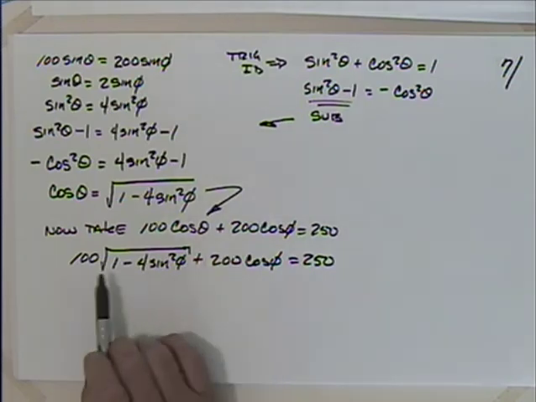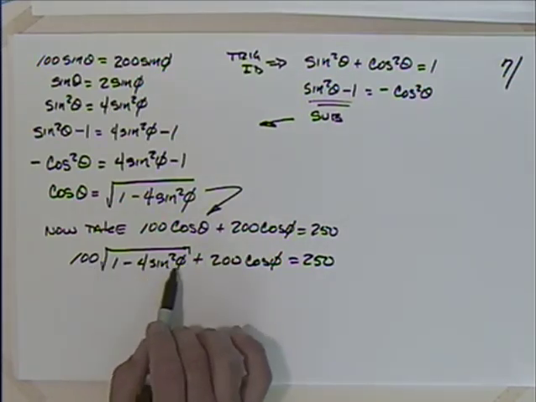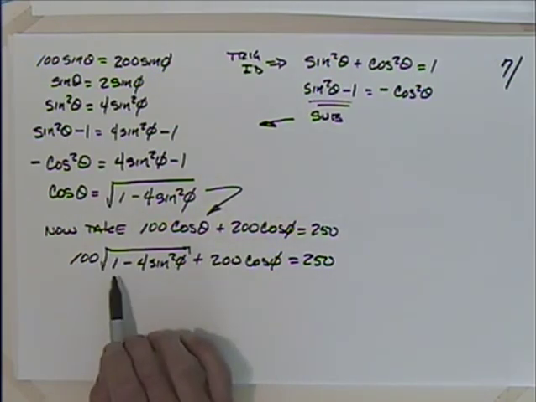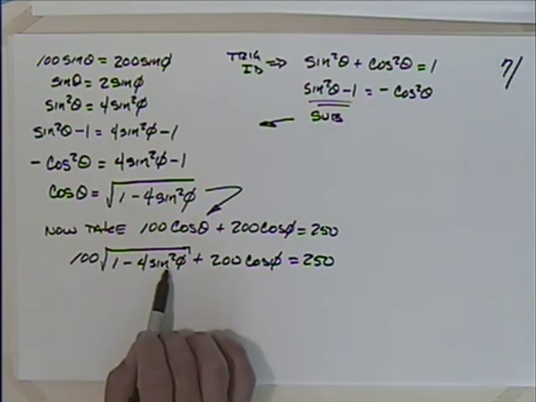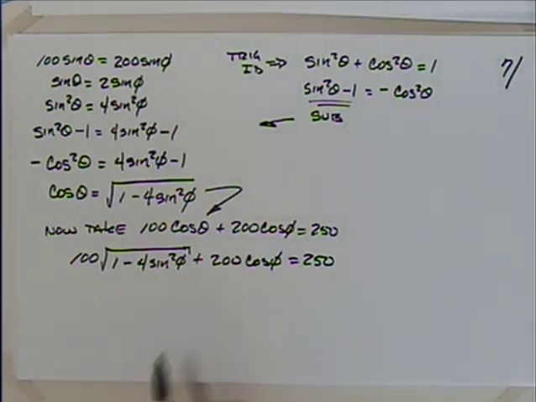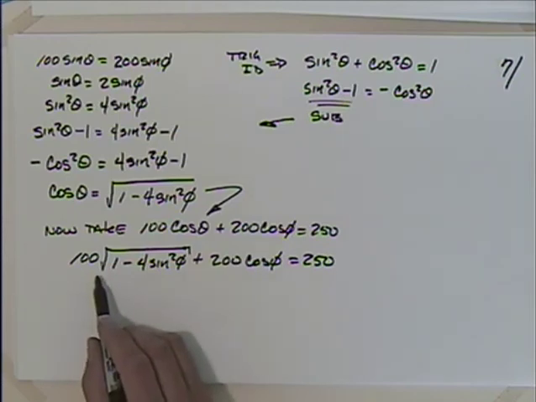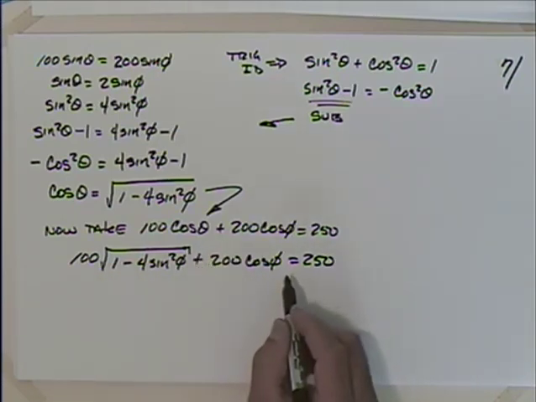Let me double check, make sure I'm on the right track there. Yeah, I think I'm okay with that. So I took a little pause there because I wanted to double check that. This is a good point to take a pause, because while it looks like we've made an uglier equation, we've actually made things a lot better because we only have one unknown.